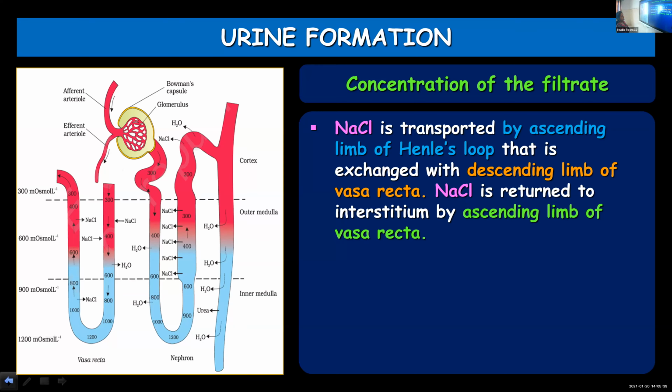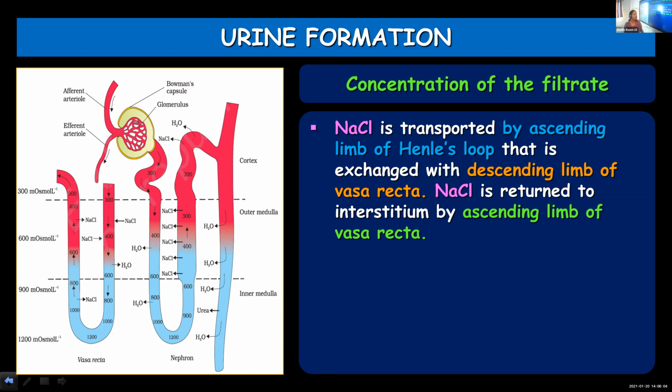Sodium chloride is transported by the ascending limb of loop of Henle. Now here we need to remember the permeability of ascending and descending limb. Descending limb is permeable to water, impermeable to solute.